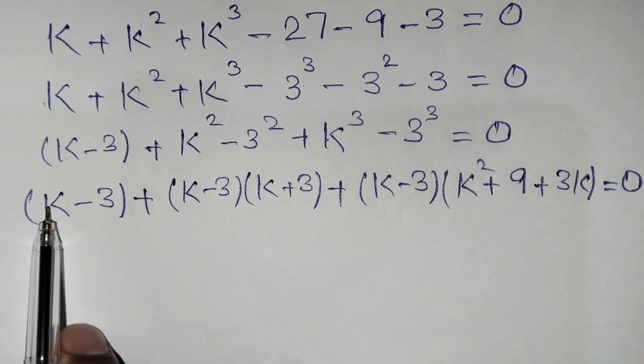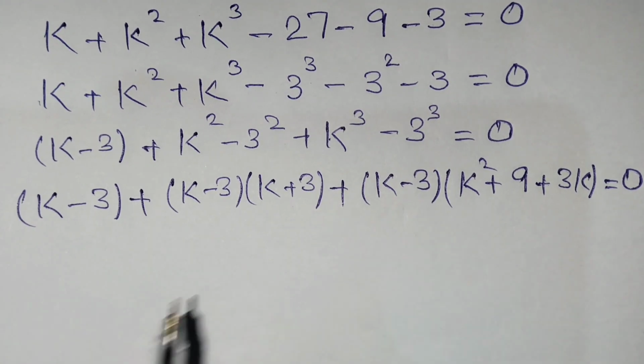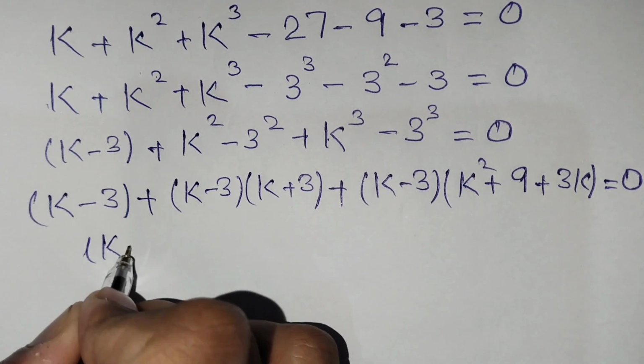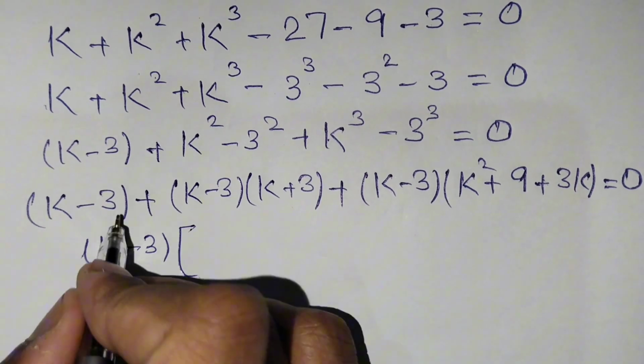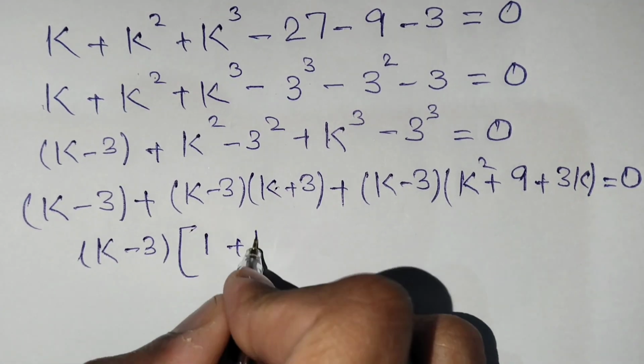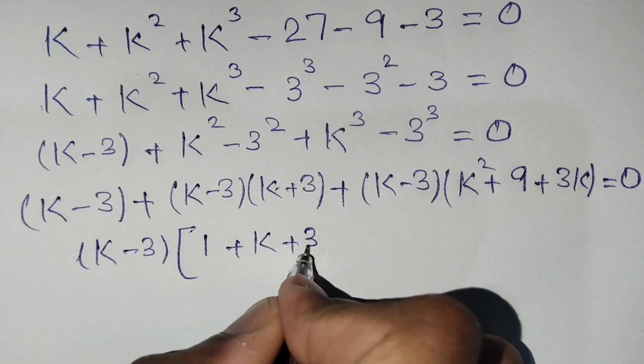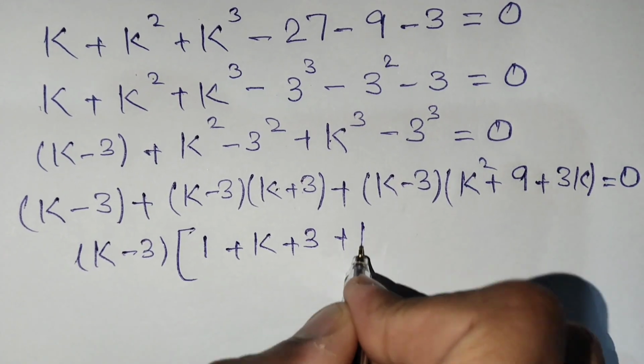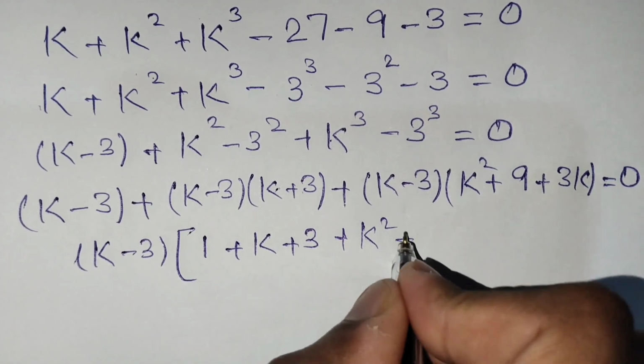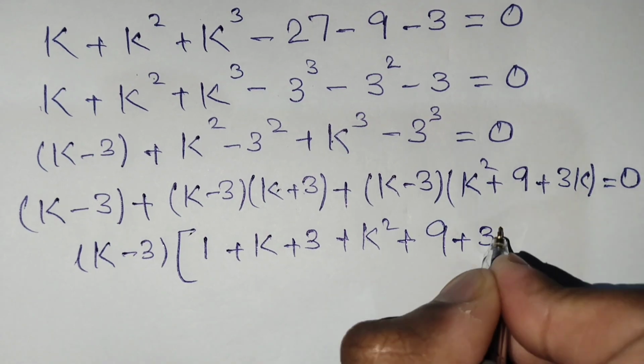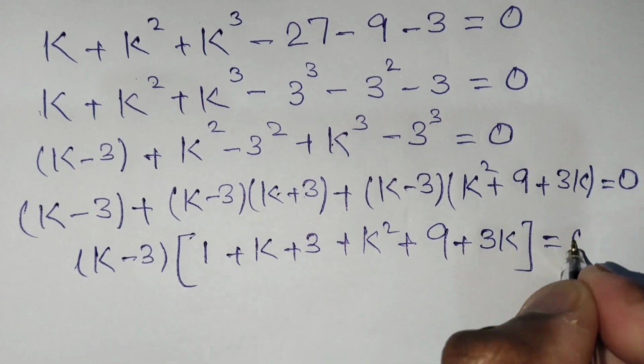Now you can see that k minus 3 can be taken as common, left with 1 plus (k plus 3) plus (k square plus 9 plus 3k) is equal to 0.